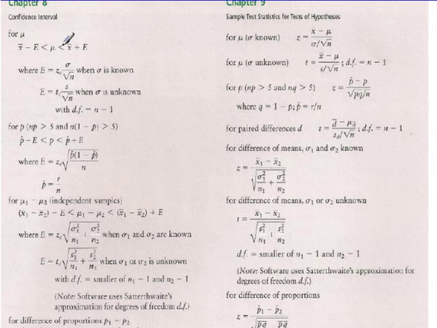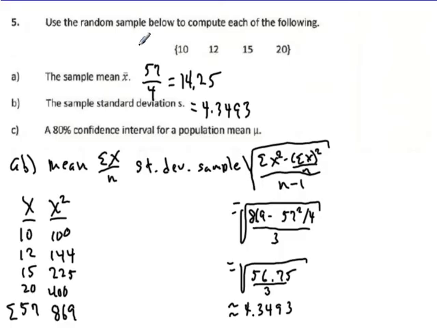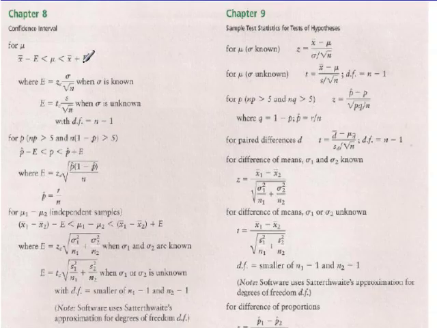We have our x bar, that was our value of 14.25. We just need to know what our E is. Is it going to be ZC or TC? Well, this is the part you have to be sure of. Do we have a standard deviation of the population, or do we have an unknown standard deviation of the population?